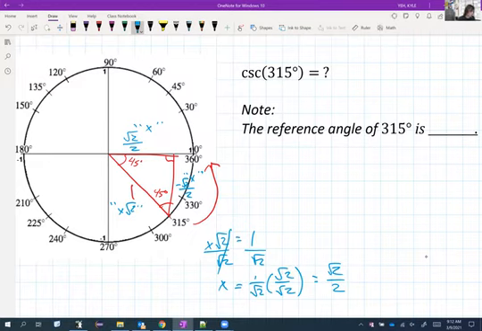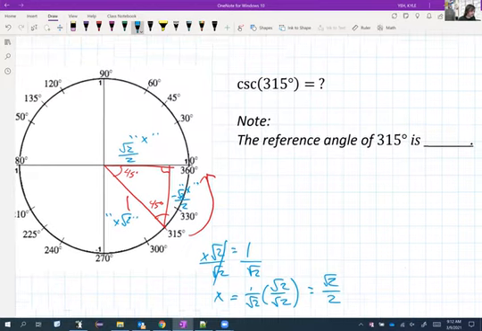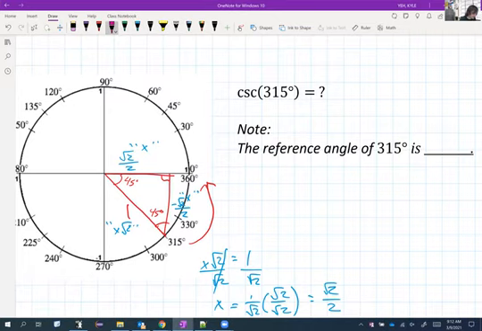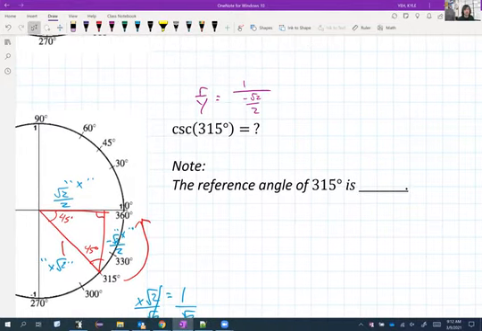So what is cosecant? Well, cosecant is sine flipped, which means it's r over y, which means it's 1 over negative root 2 over 2, my y coordinate. Okay, so then that's 1 over 1 times negative 2 over root 2.